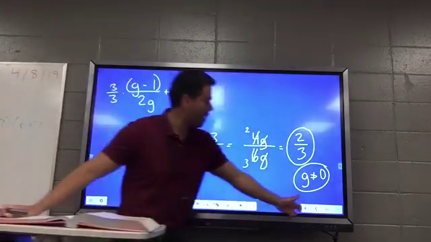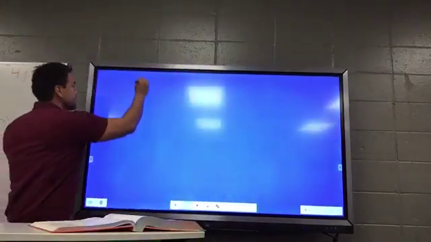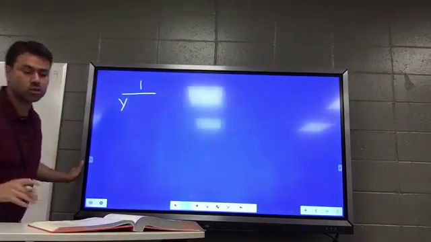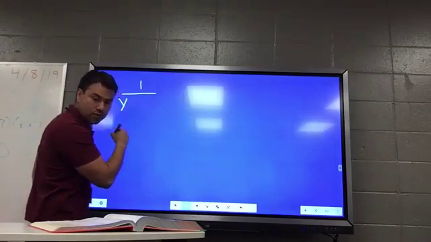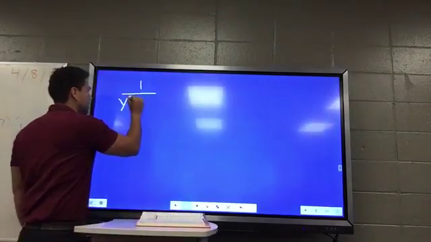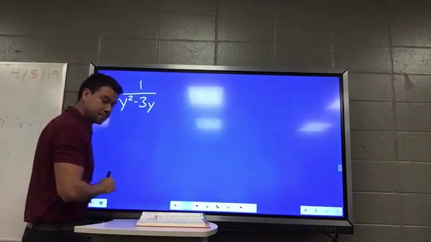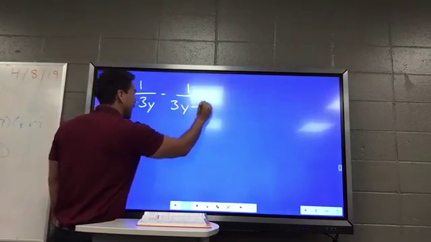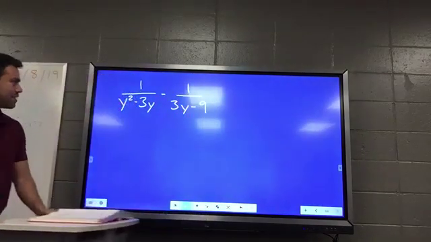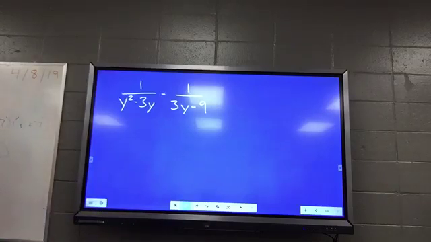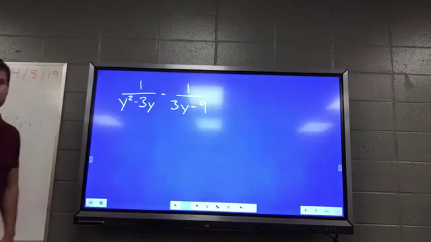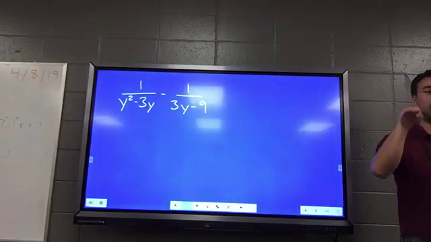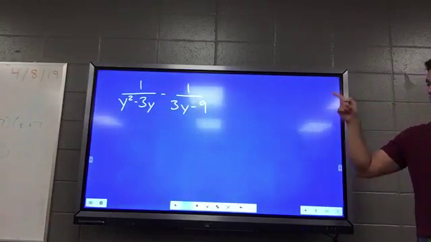I want you to work on this problem. You can work with people around you, but don't be too loud and don't goof off. This one has a lot of steps. I want you to subtract these two. My first job when I have a binomial or trinomial in those denominators is to factor the denominators.